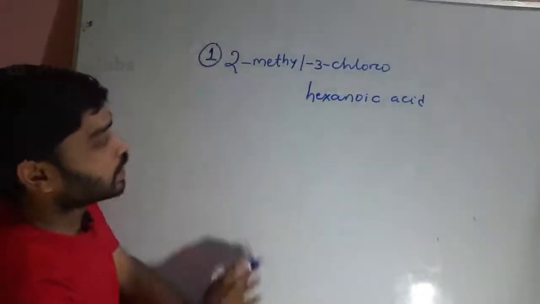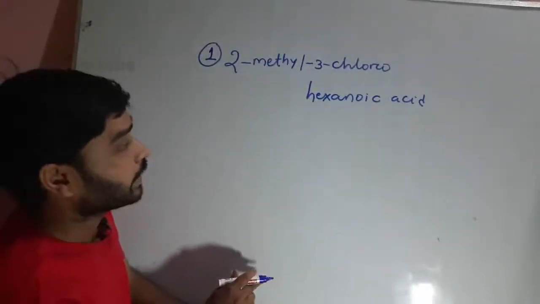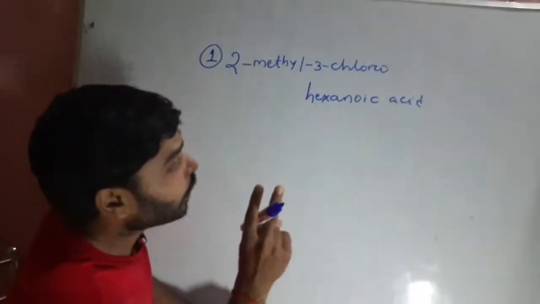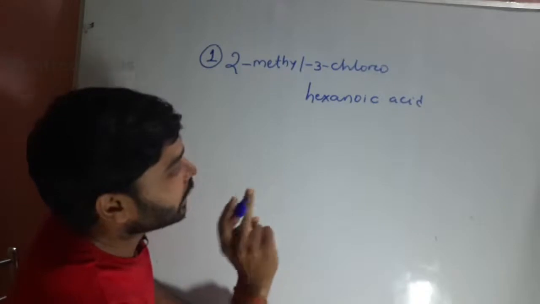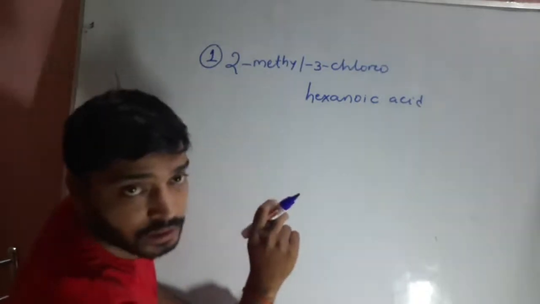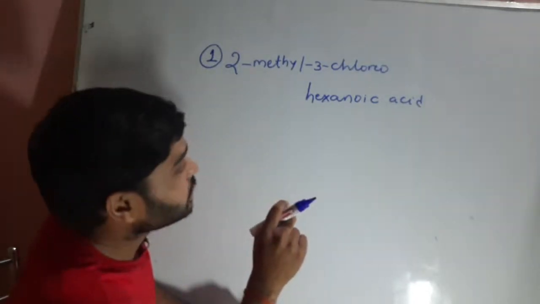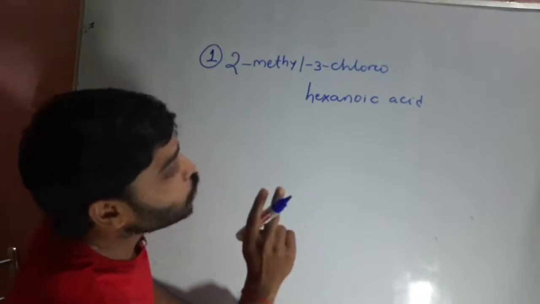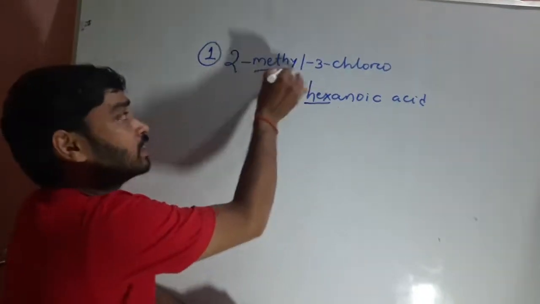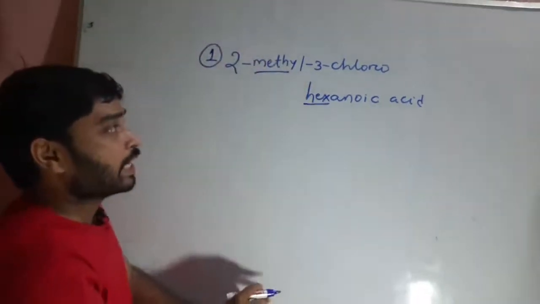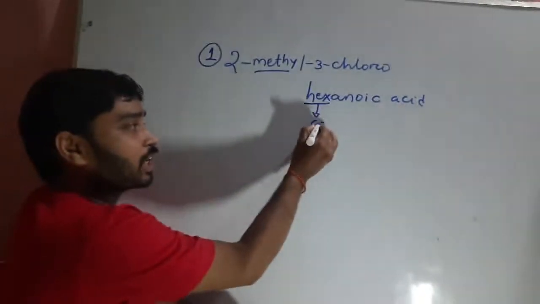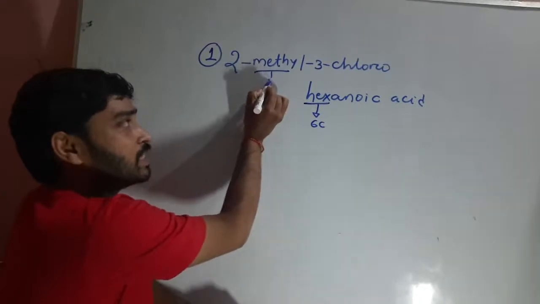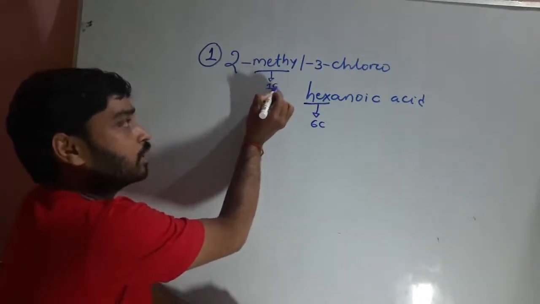From this question, everyone should notice that there are two word roots which express the carbon atom number: hex and meth. Meth expresses a single carbon atom.